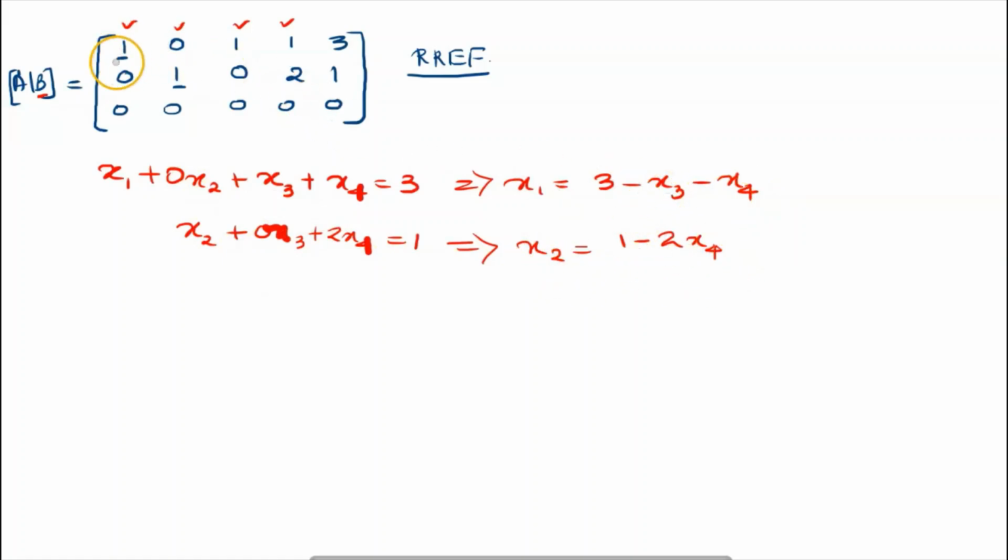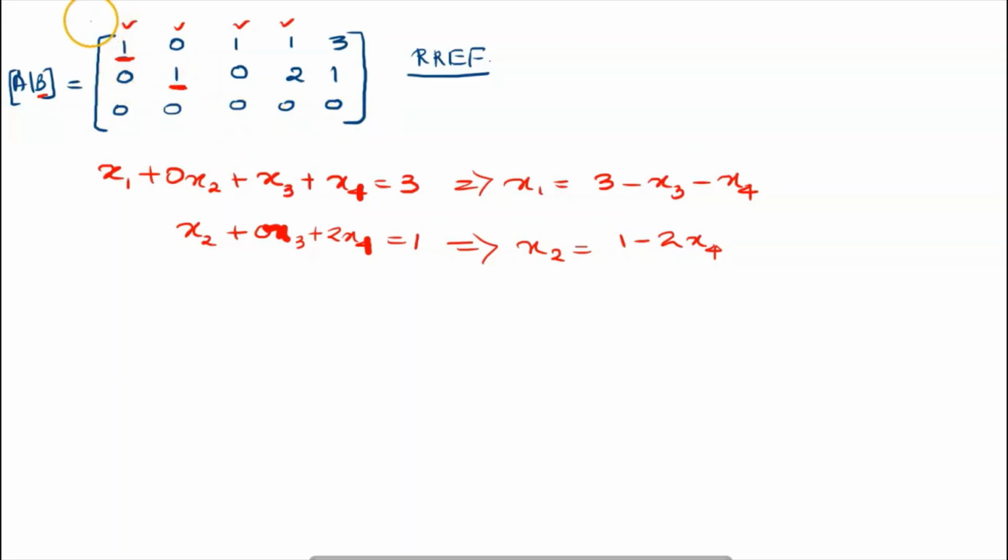You can see that the pivots are in the first column and second column, and there is no other pivot element. Pivot element means the leading element, the first non-zero element. In the first column we have a pivot element, in the second column we have a pivot element, and there is no pivot element for the third column.